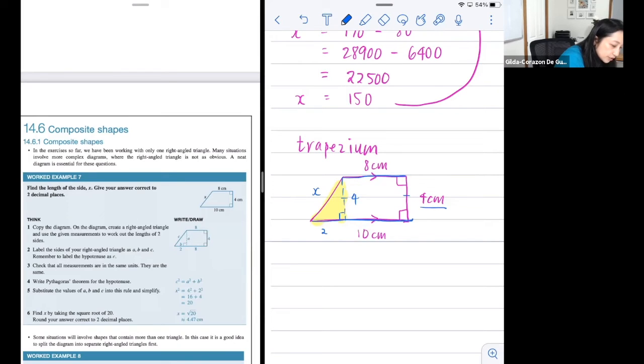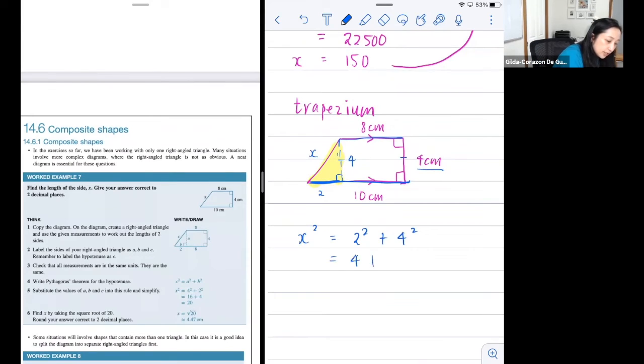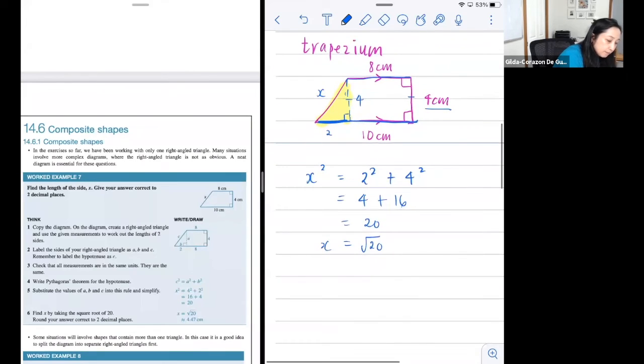So the difference must be that this is 2, yeah? So now we've got this right angle triangle wherein the legs would be 2 and 4. 4 and 16. That becomes 20. And for us to get x, we get the square root of 20, right?